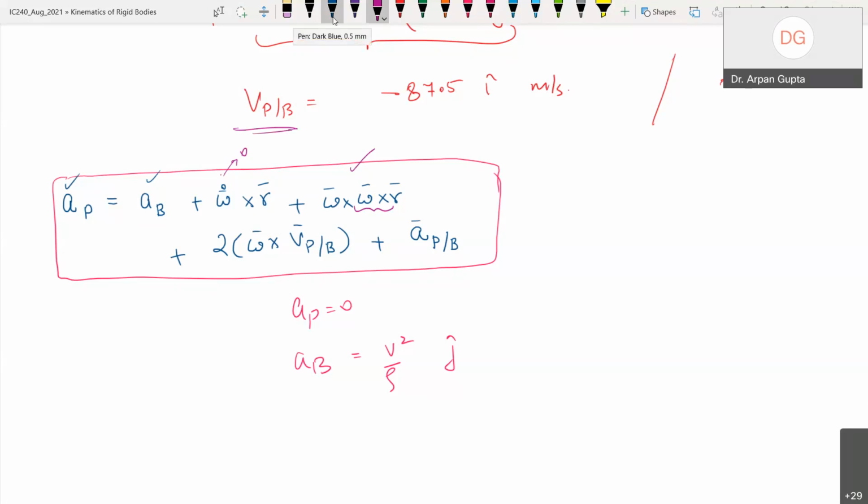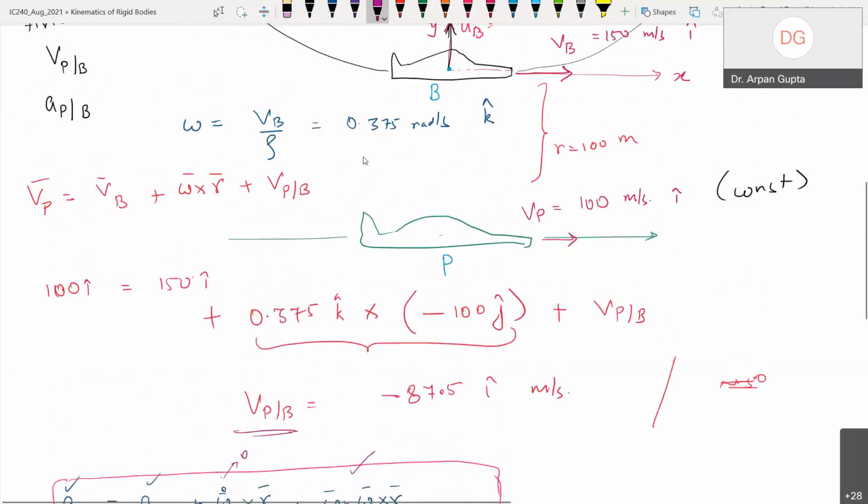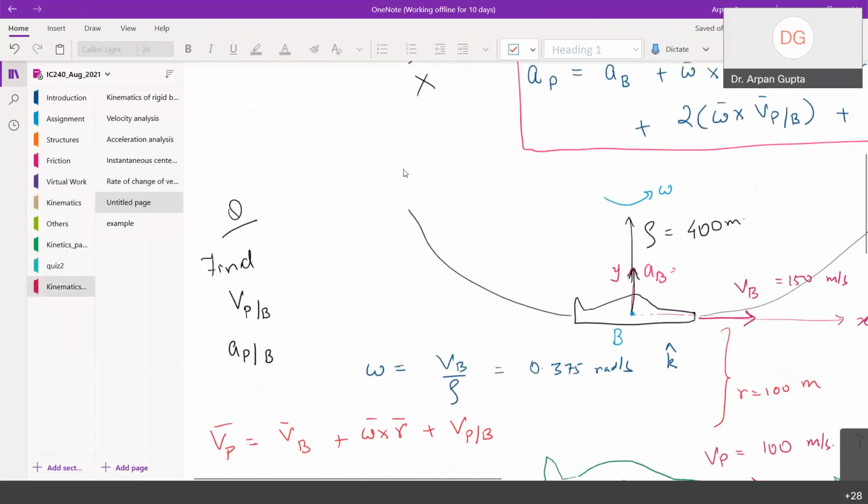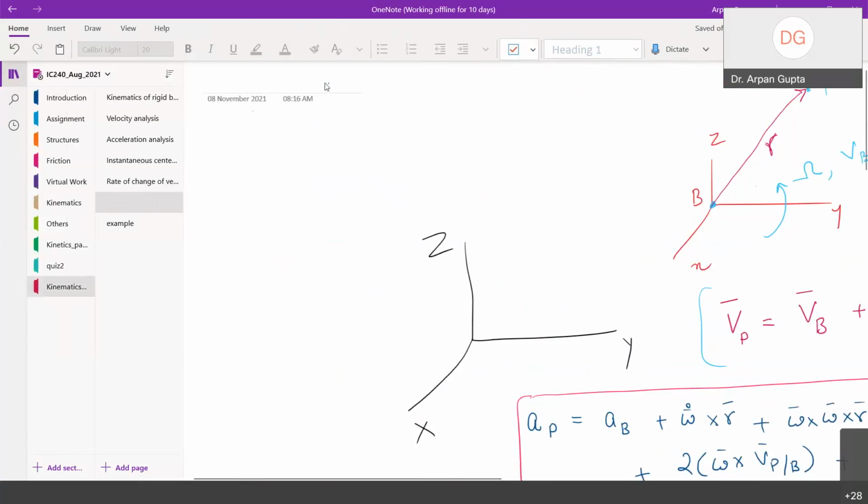So this is known, this is known. So all terms are known except this term, and therefore this term can be evaluated. So again, you can do the calculations, and that's how we use this idea of a rotating reference frame to solve the problems.